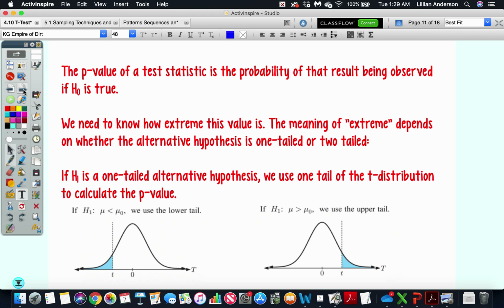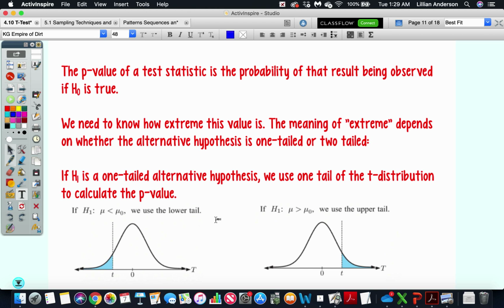Knowing whether it's going to be a one-tailed test or a two-tailed test will depend on the alternative hypothesis: less than, greater than, or not equal to. As you can see graphically, this is what it will look like. You see that normal distribution curve, but it's not; it is the test statistic.